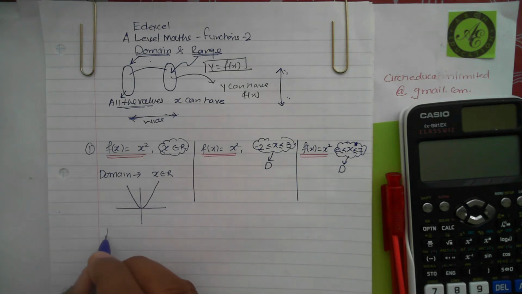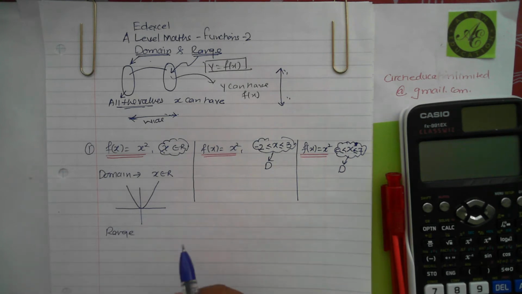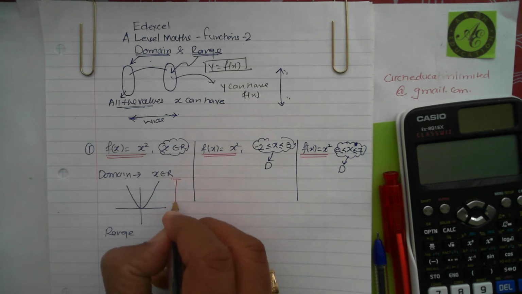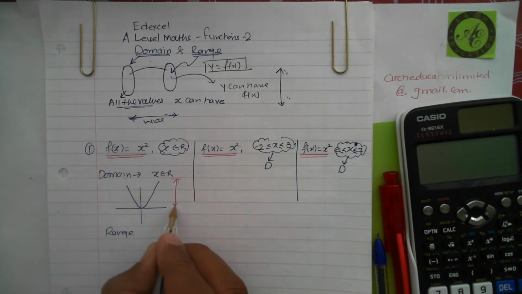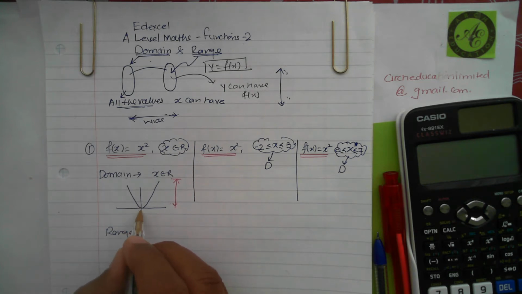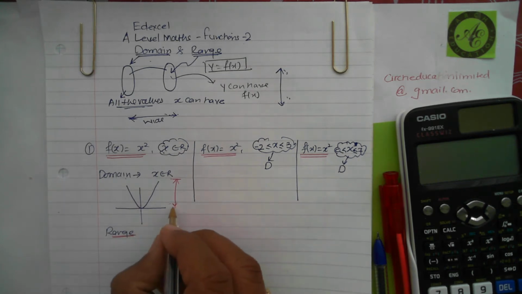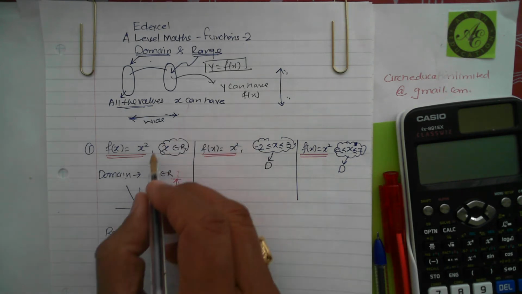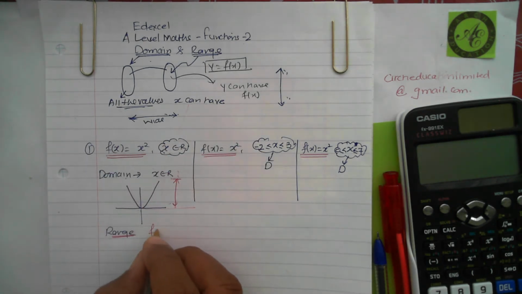For the range now, what is the lowest value the graph can have? We need to see how high or low the graph can go, and we can see clearly the graph cannot go below 0, so the lowest value is 0. What's the highest value? We don't know, because x can be anything, the graph can go as high as it wants. So the range is f(x) greater than or equal to 0.